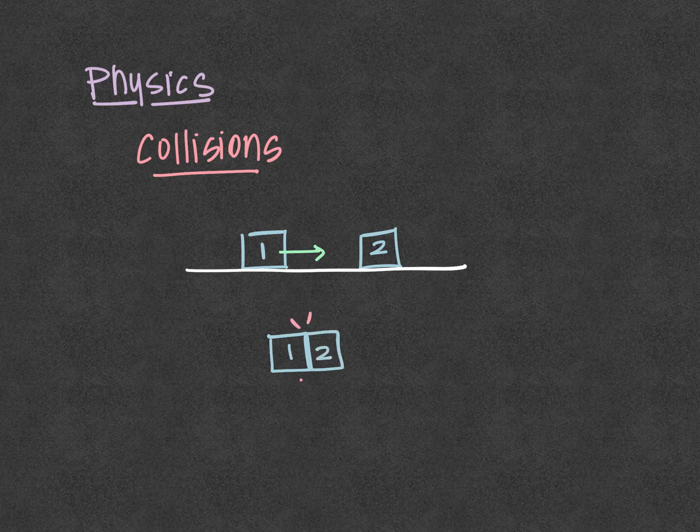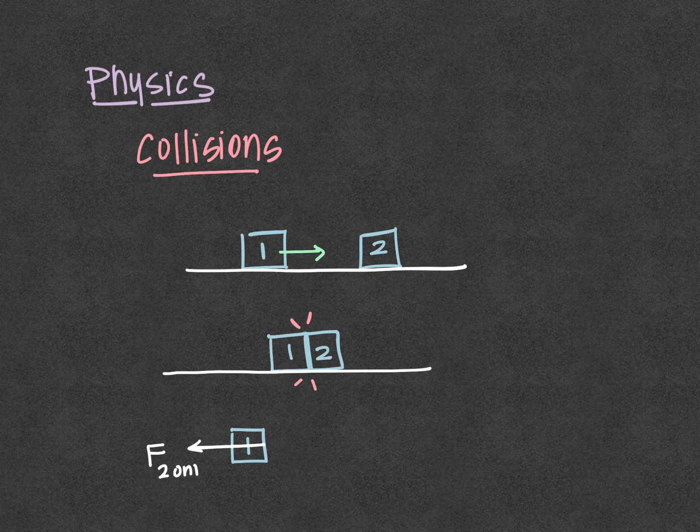So 1 and 2 will touch each other, and in this moment, the forces acting on 1 would be a force from object 2 on 1, so 2 on 1.